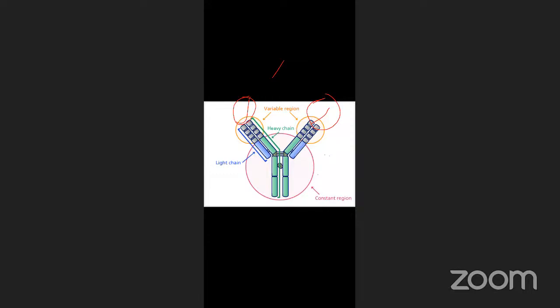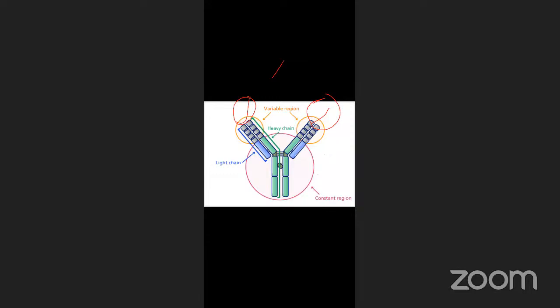Immunoglobulin subclasses are there: subclass one, two, three, four. Four types of subclasses are there for immunoglobulin G. Especially immunoglobulin G3 binds to the Fc receptors of phagocytes.